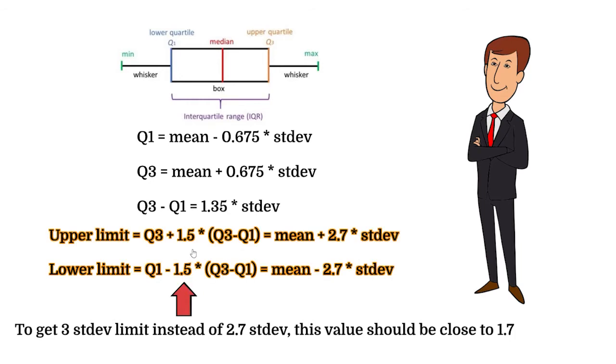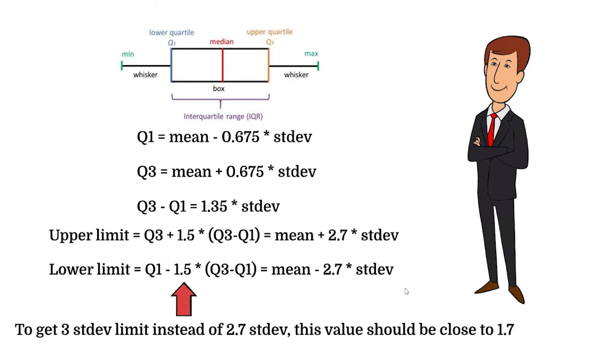Therefore, if we have this multiplier 1.5 times Q3 minus Q1, by the way, this Q3 minus Q1 is also called IQR, that is interquartile range. So if the multiplier of this interquartile range is 1.5, we get the upper limit as mean plus 2.7 times standard deviation and lower limit as mean minus 2.7 times standard deviation.